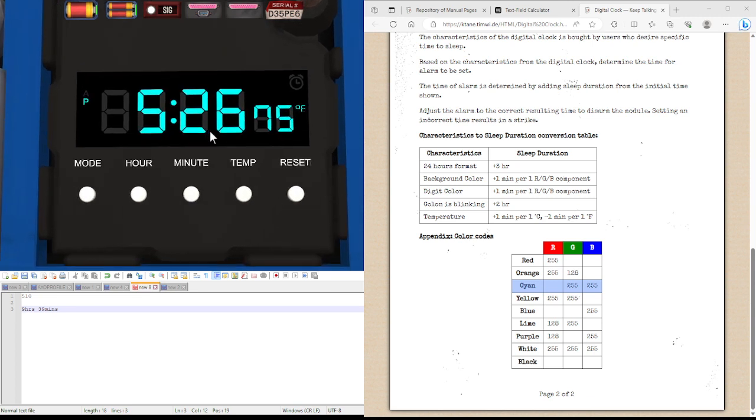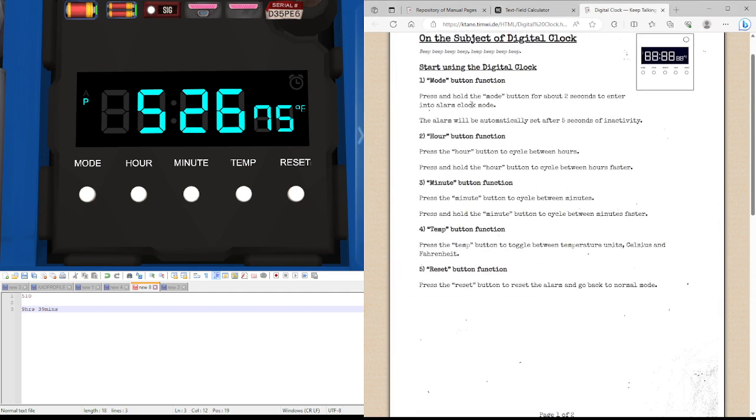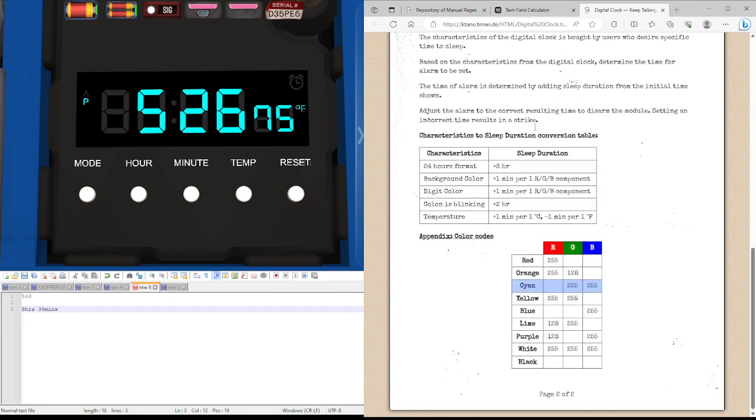Adding this onto the initial time, 5. Of course, this is PM, remember? So this is actually 5 plus 12, so it'll be 17. I'm pretty sure that the alarm clock is always in 24-hour mode. So we've got 17 o'clock if you will.